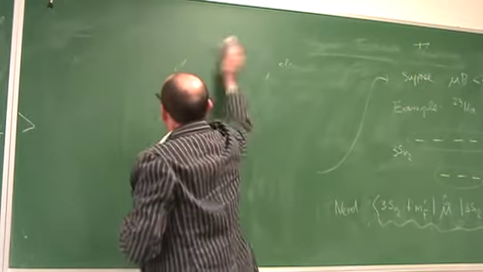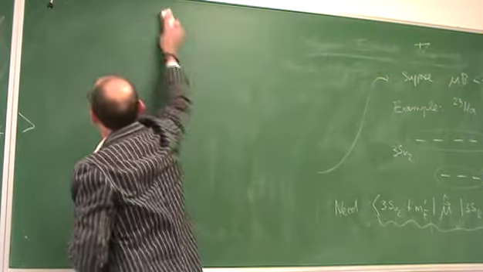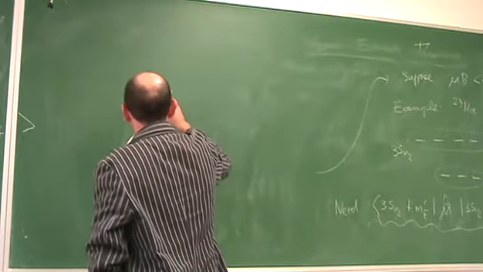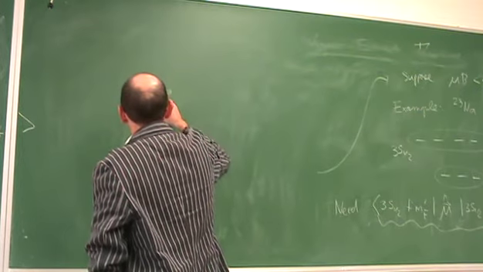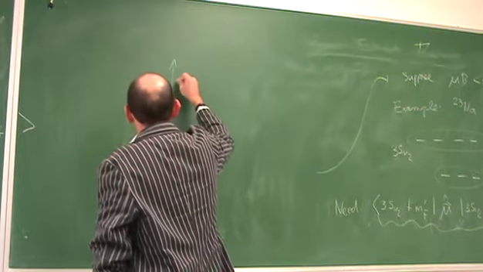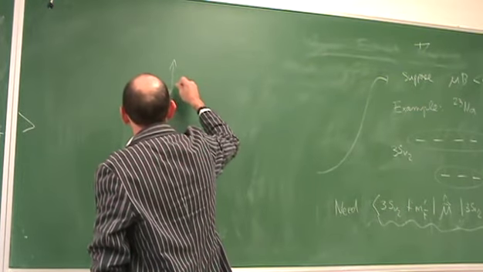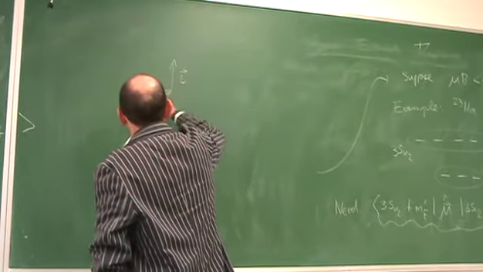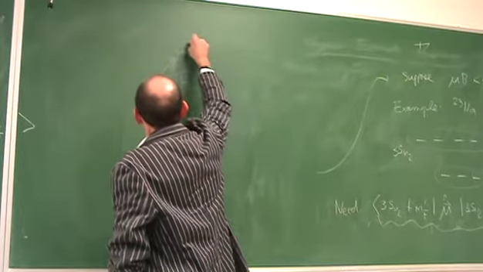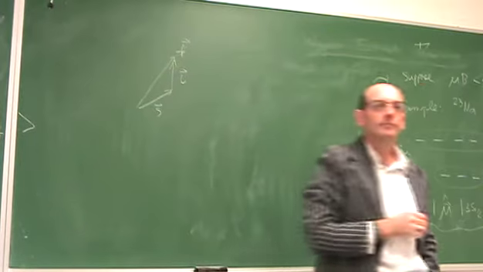So, what is that? What's going on physically? Let's think about a simple example where I have no orbital angular momentum. I just have spin. Okay.